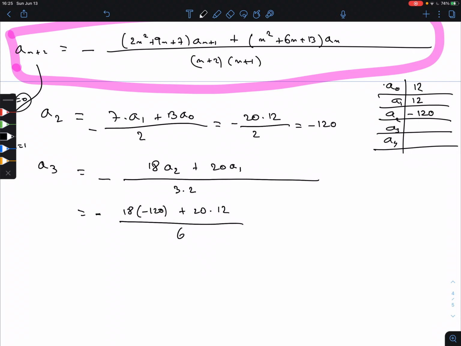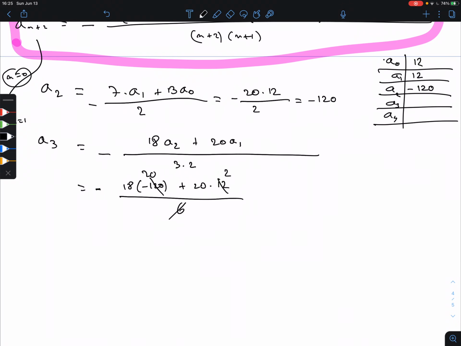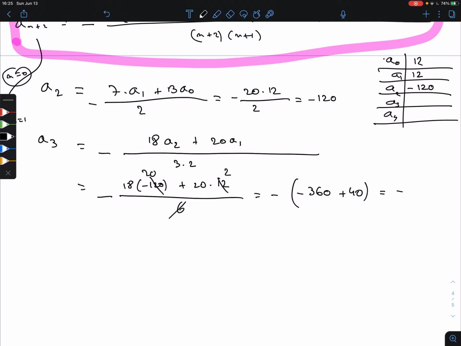Let's divide already by 6 here. If I divide in a sum, I have to divide all terms by that. So the first one is minus 360, the second one is plus 40. Don't forget there's a minus sign in front here. So this is minus minus 320, so it becomes 320.